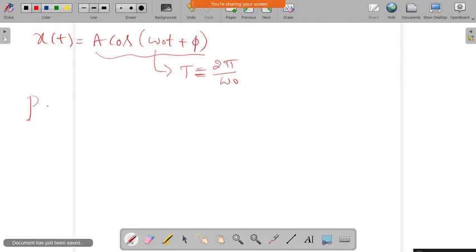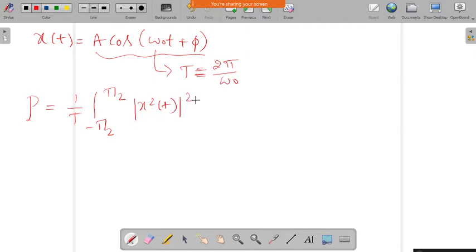How to find the average power? It is 1 over t, integral from minus t by 2 to plus t by 2 of magnitude square of x of t into dt. Use this expression to find the average power of the periodic signal.